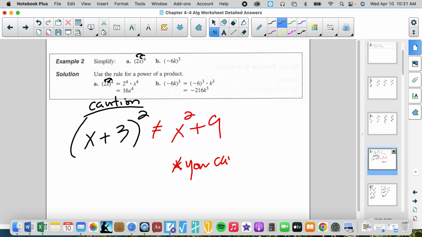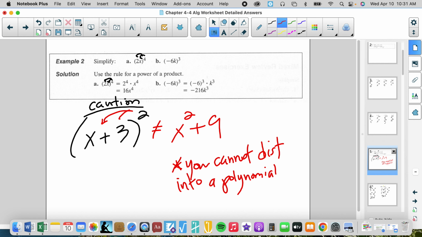You cannot distribute into a polynomial, whether it's a binomial, trinomial, polynomial, etc. You cannot distribute into there. That's a no. This is x plus 3 times x plus 3.